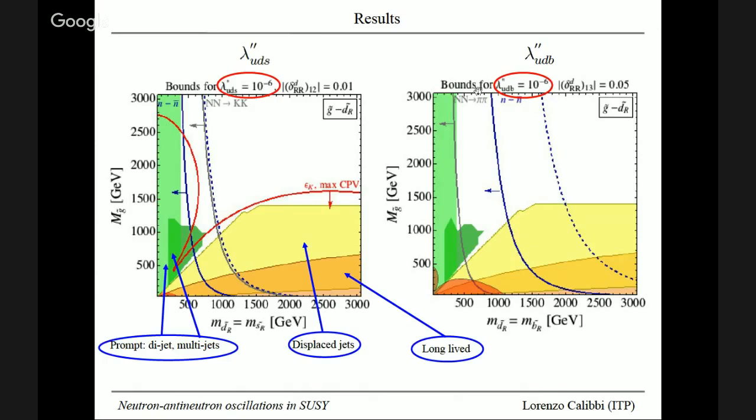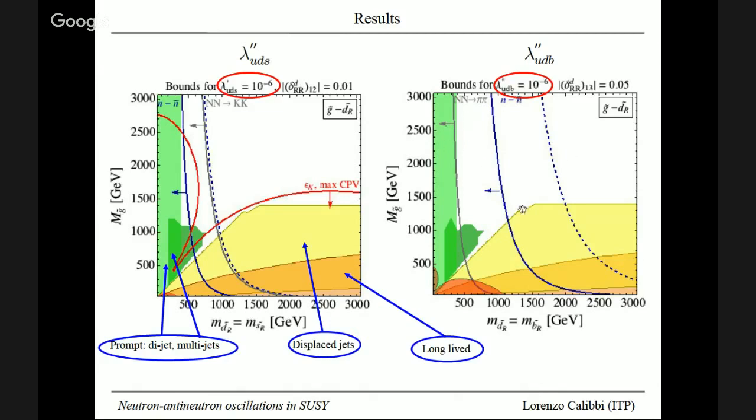And also the dinucleon decay is less constraining, because in this case the dinucleon cannot decay directly to kaons, but they decay to pion through flavor violation. So you have a further suppression of the process.